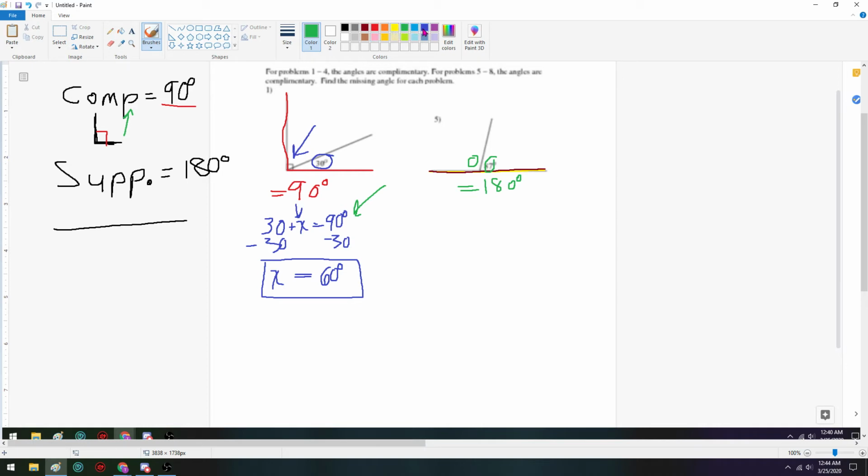We already know that we already used 87 plus our x. It's going to give us 180 degrees. How do we get x by itself? Well, we subtract 87 from both sides.